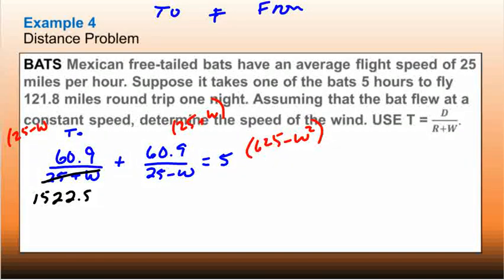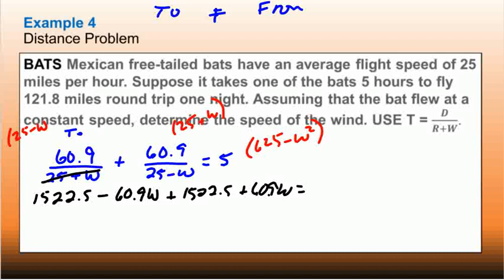1522.5 minus 60.9 w. And then I'm going to add. Here I have to do 60.9 times 25, which is 1522.5. And this will be plus 60.9 w equals 625 times 5 gives me 3125 minus 5w squared.